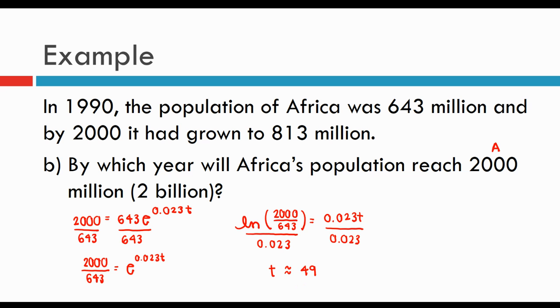Because it says by which year, and my model starts in 1990, I'm going to add 49 years onto 1990. And so that tells me that we reached that 2 billion mark in 2039.